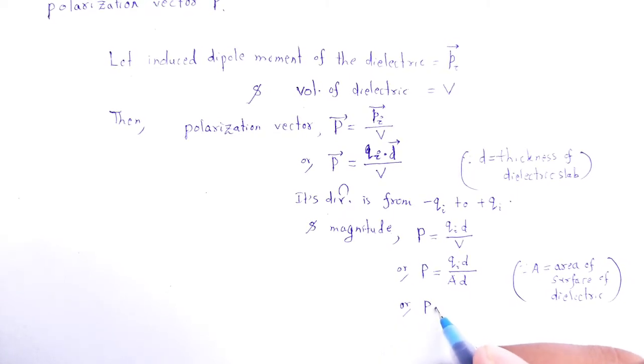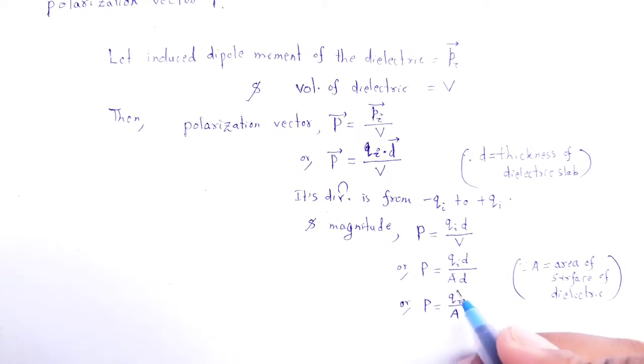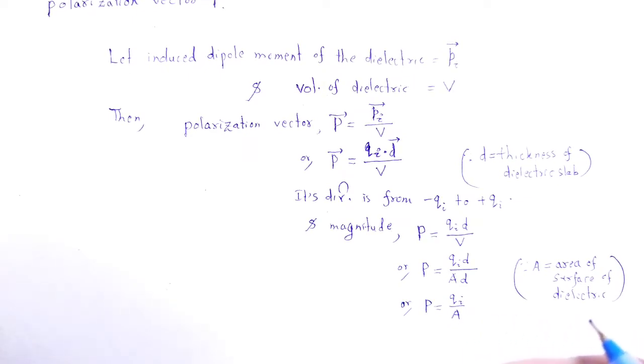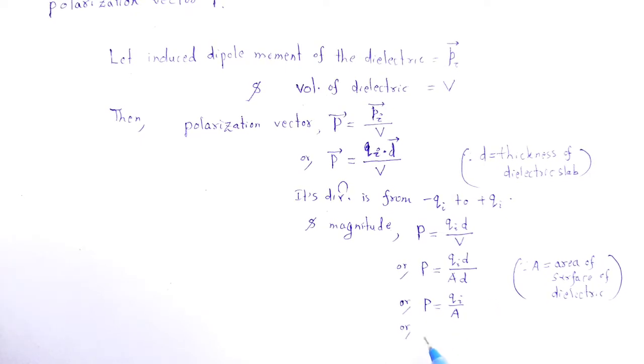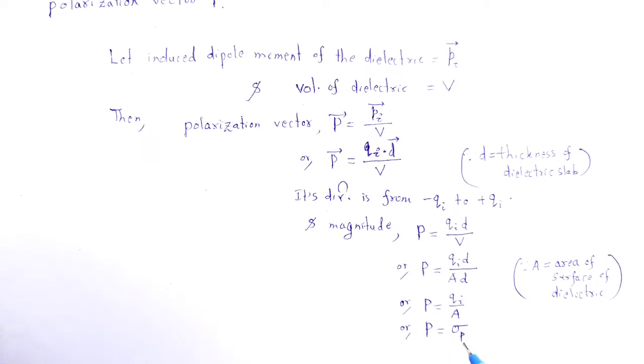So, P is equal to Qi divided by A, charge per unit area, that is the surface charge density. Here it is the surface charge density due to the bound charge. Therefore, we write charge per unit area as sigma P, that is the surface density of bound charge.